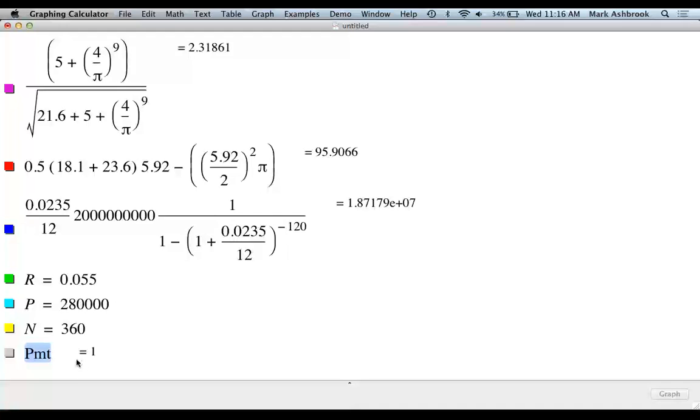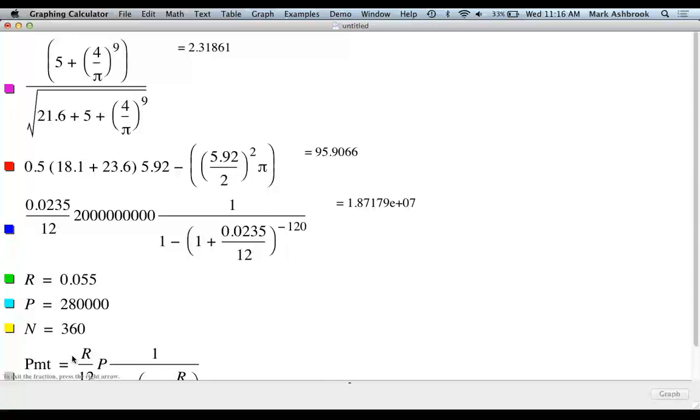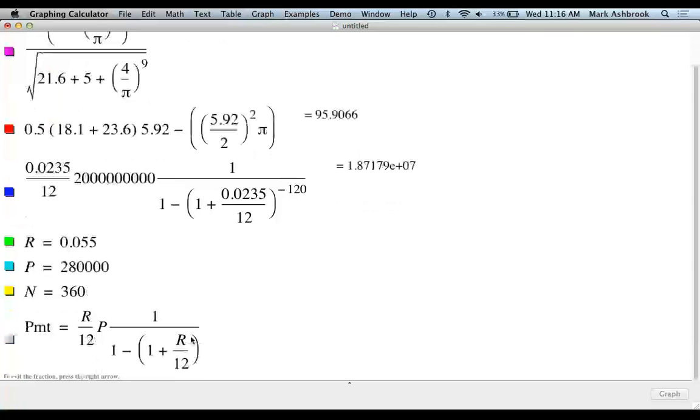Okay, so we want to create a formula out of our P, R, and N. So we can go equals R over 12. So this is the formula in the middle of the page. Times P times 1 over 1 minus 1 plus R over 12, and then just that raised to the minus capital N. So shift 6 minus capital N. Did I lose you?